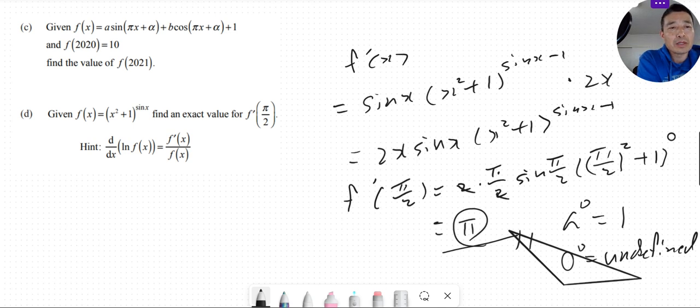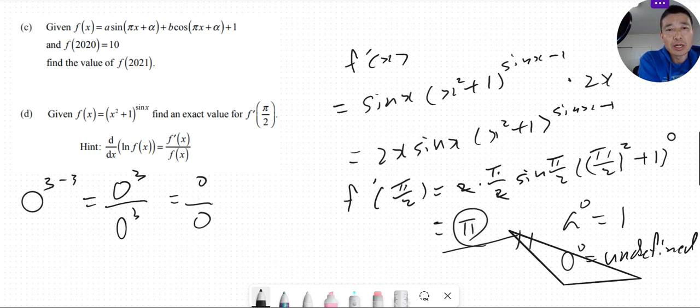So for example, 0 cubed minus 3 is 0 to the power of 0, isn't it? So when you think about this, it means 0 cubed divided by 0 cubed, right? The thing is 0 cubed is 0 and 0 cubed is 0. So, well, is this 1? No, it's not. You can't divide by 0, all right? So we have to say it is undefined.